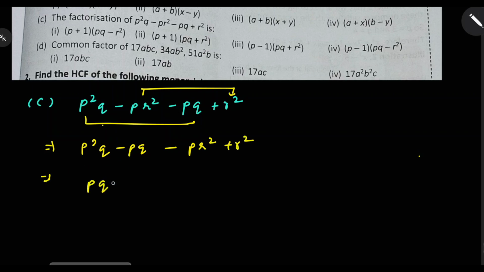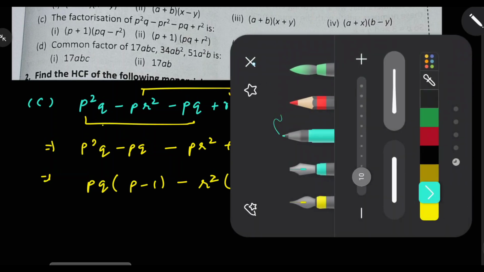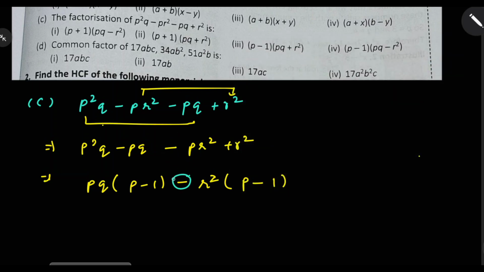Taking pq as common, we are left with p minus 1, and taking r square as common, we are left with p minus 1. As you can see here, we have taken minus as common, and here it was plus.